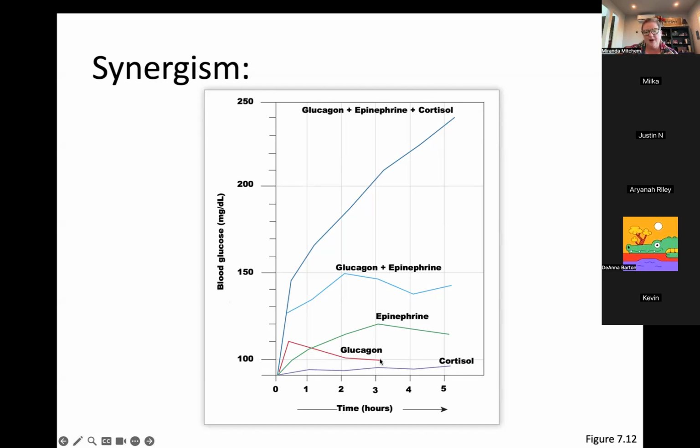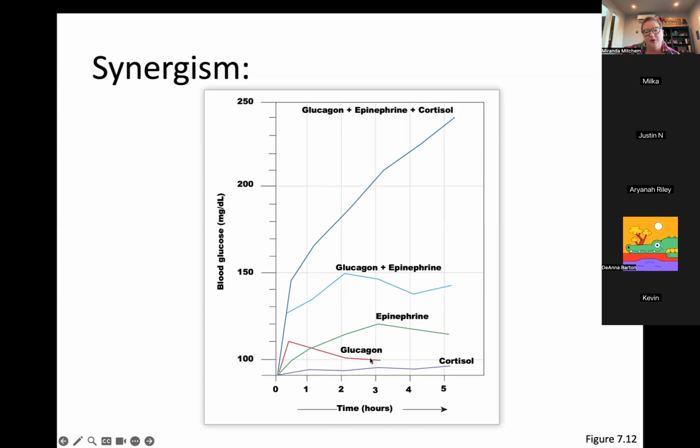When does it disappear? It disappears when epinephrine gets to a certain concentration. So that is actually an example of antagonism between epinephrine and glucagon. If we look at the line for glucagon and epinephrine, that looks like it's probably additive.